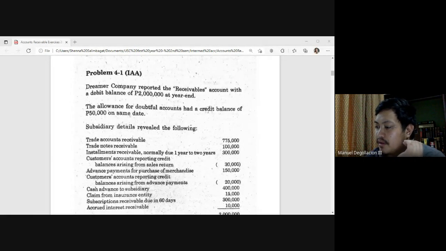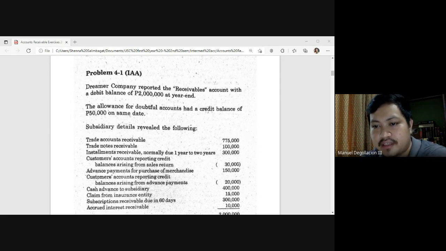In identifying whether certain non-trade receivables will be classified as current or non-current, again, you will have to consider the nature of these receivables. Are they normally realizable within 12 months or the operating cycle, or are they expected to be realized beyond 12 months or beyond the normal operating cycle? If it's the latter, then it should be a non-current asset. If it's the former, then it will be a current asset.